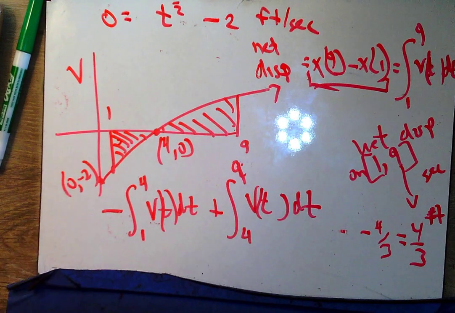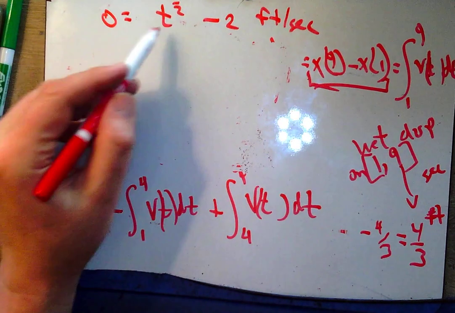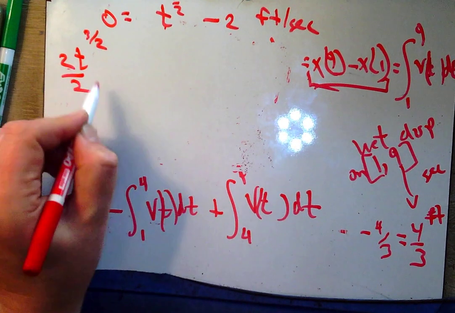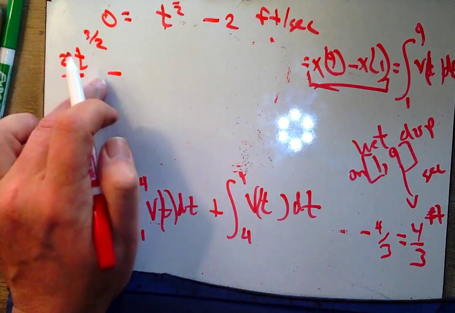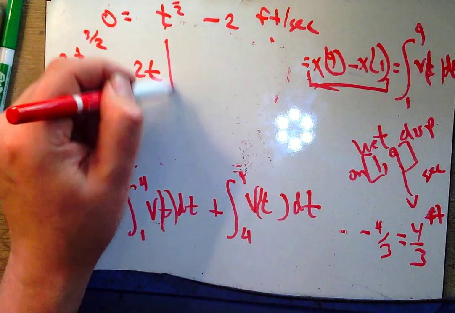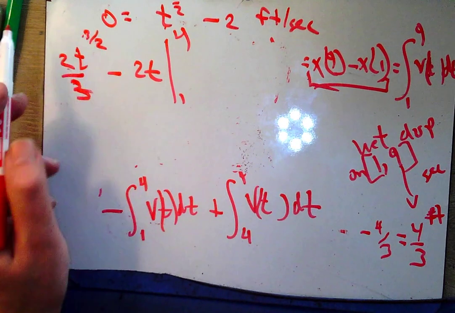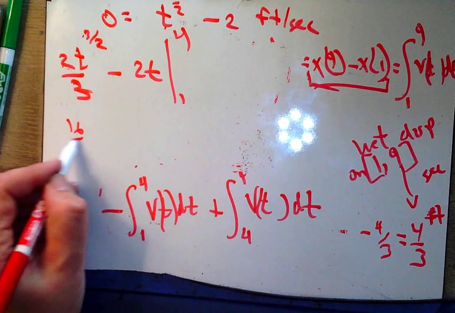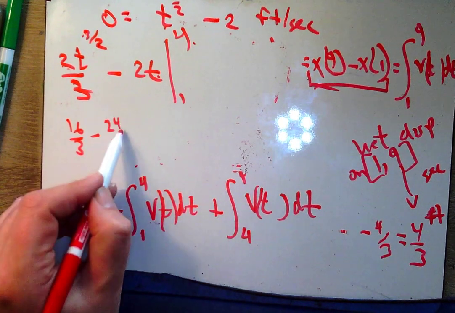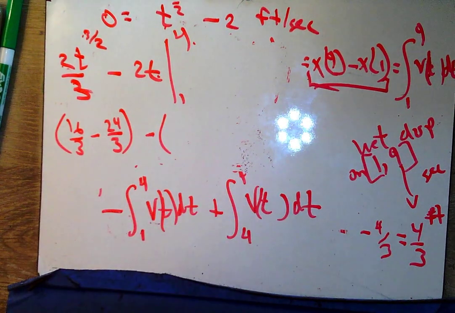All right, so let's figure out what that value would be. We know our antiderivative here is 2/3 t to the 3/2, minus 2t. And we want to go from 1 to 4. So if I plug in a 4, square root of 4 is 2, 2/3 is 8, I have 16/3 minus 8, which is 24/3, minus, now I'm plugging in a 1.